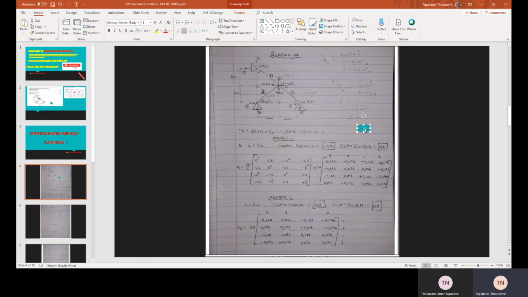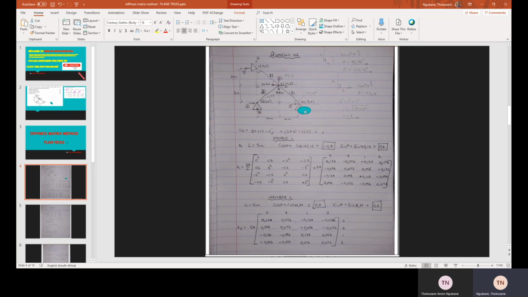Okay, the first step is we're going to classify our truss. We have m plus r minus 2j, that is the formula to classify this truss. How many members do we have? 1, 2, 3. We have 3 members, that's why I have 3 here. And how many reactions?